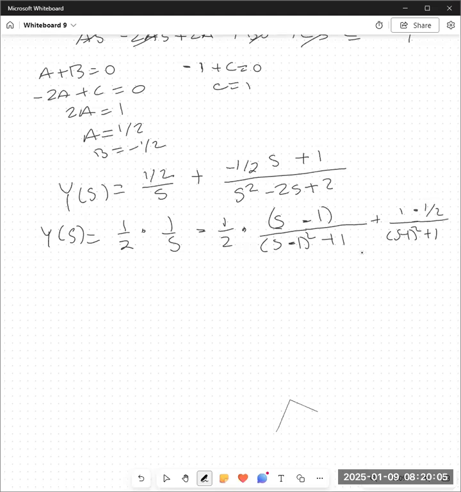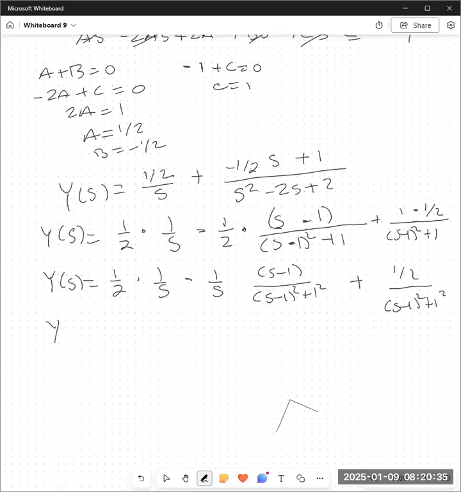So this is Y(s) equal to 1/2 times 1 over s, minus 1/2 times (s - 1) over (s - 1)² + 1², plus 1/2 over (s - 1)² + 1².